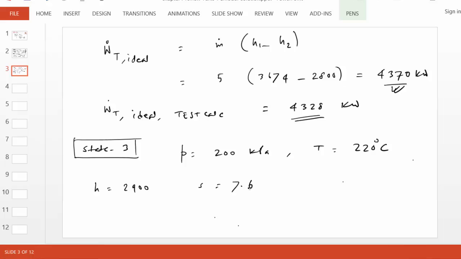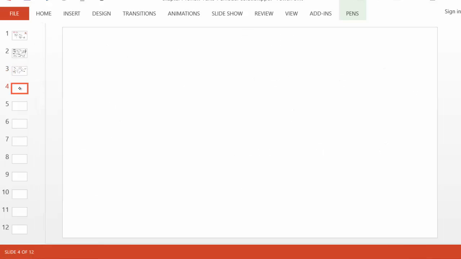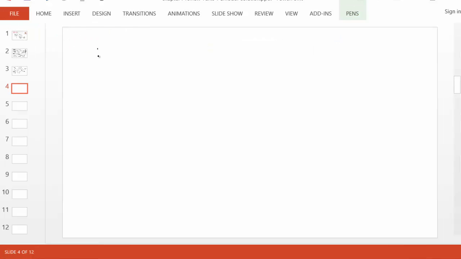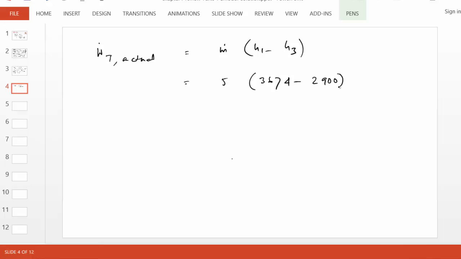So now that we know state 3, we can calculate the actual output of the turbine: m dot times (h1 minus h3). h1 is 3674 and h3 we just estimated to be 2900, and that gives us about 3870.